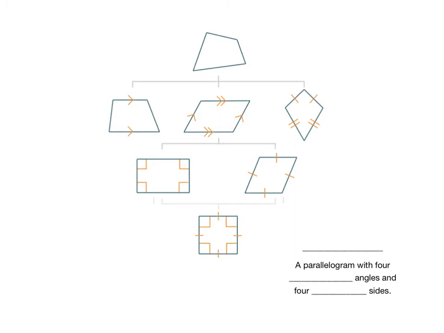All four sides are congruent, and all four angles are 90 degrees and congruent, so what we have here is a square. A square is a rhombus and a rectangle. It just so happens to have four right angles and four congruent sides. So there you go, as we identify different characteristics and define different quadrilaterals.